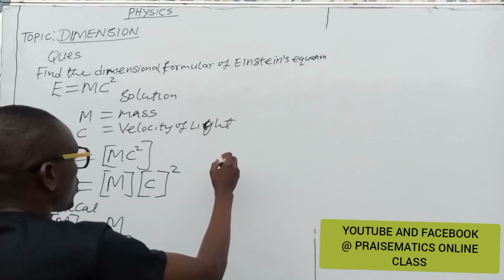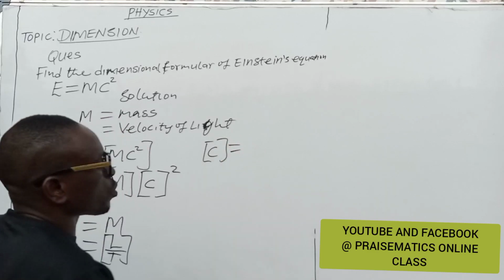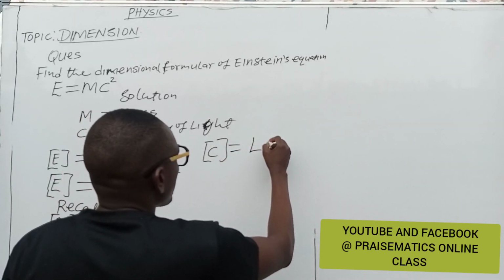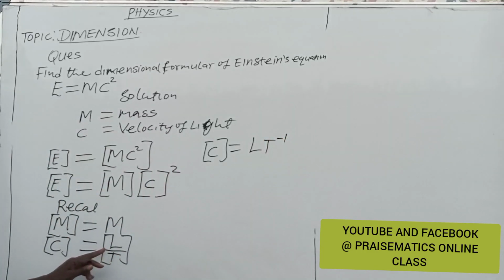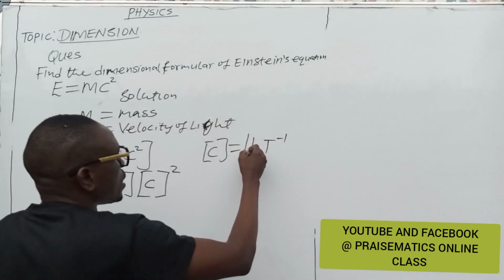So now let's continue. The dimension of speed is equal to L times T raised to power minus 1, by the law of indices. When this goes from the denominator to the numerator, it turns negative. That is the reason why we have it like this.